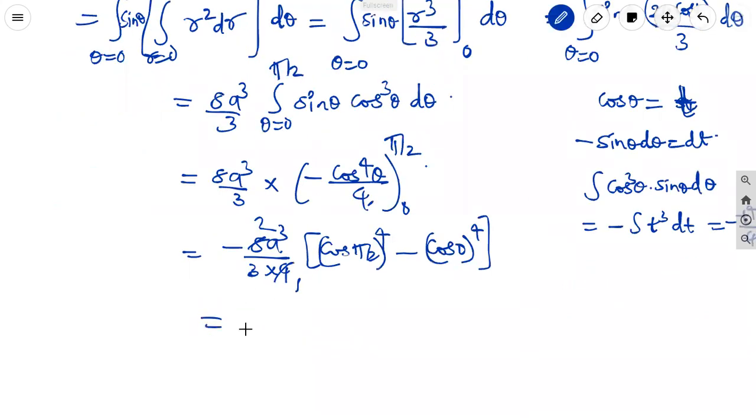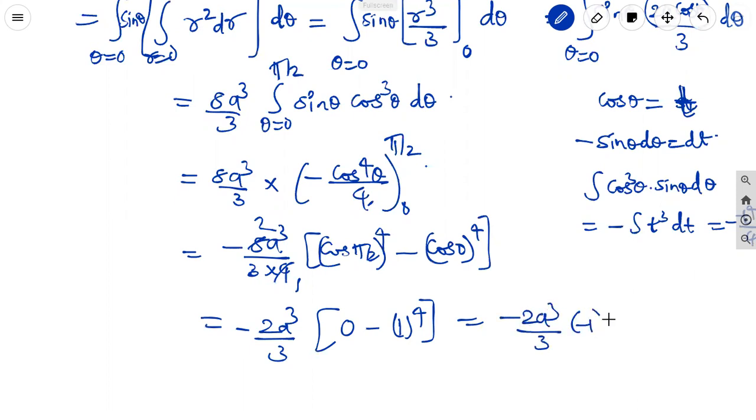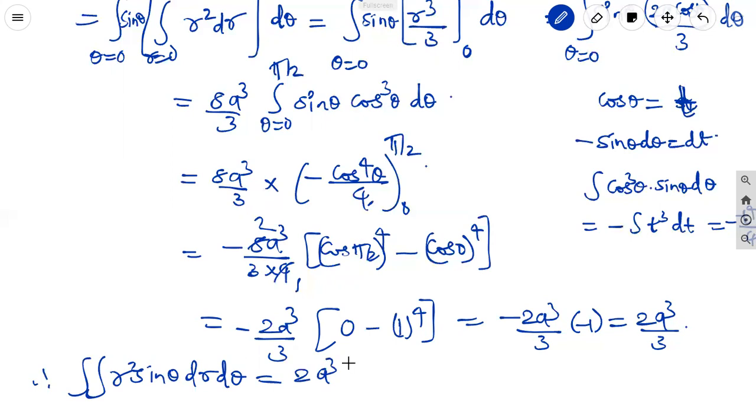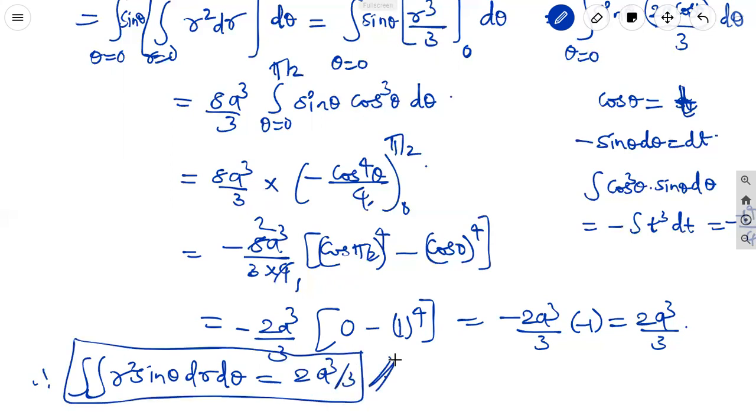It is equal to minus 2a³/3, where cos π/2 is 0 and cos 0 is 1, and 1 to the power 4 is 1. So minus 2a³/3 times minus 1 equals 2a³/3. Therefore, the double integral of r² sin θ dr dθ is equal to 2a³/3. This is the double integral value.